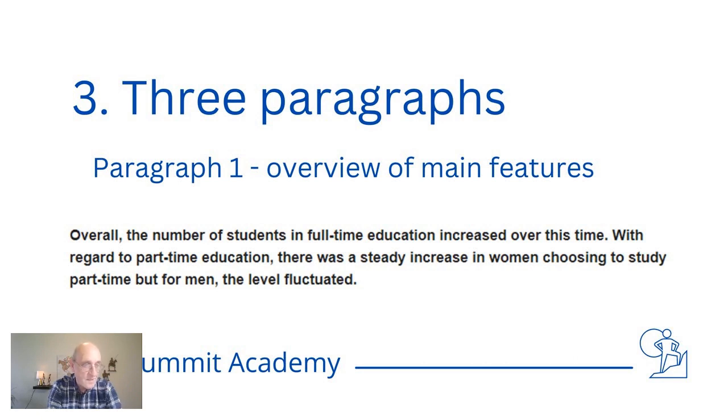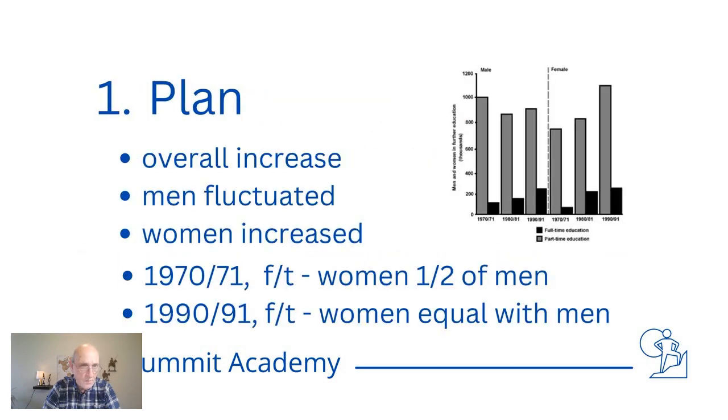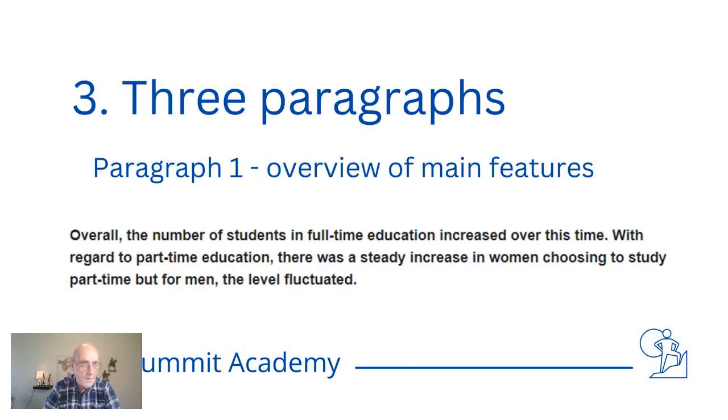And I'm going to just say something like, overall, the number of students in full-time education increased over this time. Now, with regard to part-time education, there was a steady increase in women choosing to study part-time, but for men, the level fluctuated. And if I just go back a couple of slides, just to remind you, when I first made my plan in my rough notes, I said overall increase, men fluctuated, and women increased.